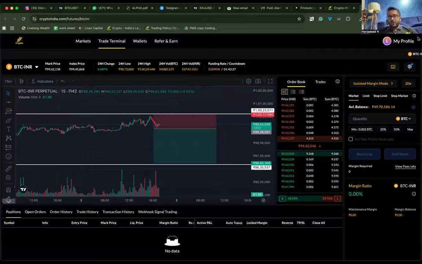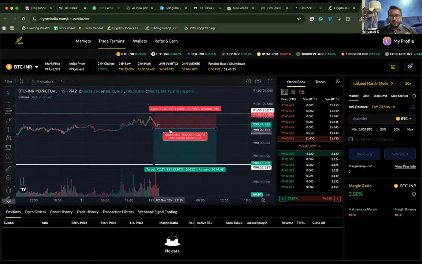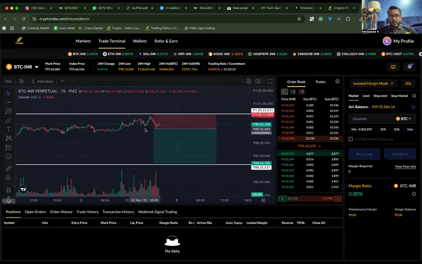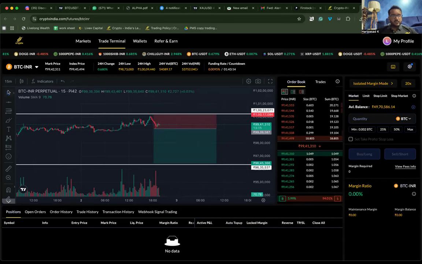Let me show you how I'll place a trade. I have a balance of around 49.7 lakhs in this account at this moment. I'll go ahead with a short only once the low of this candle is getting broken.